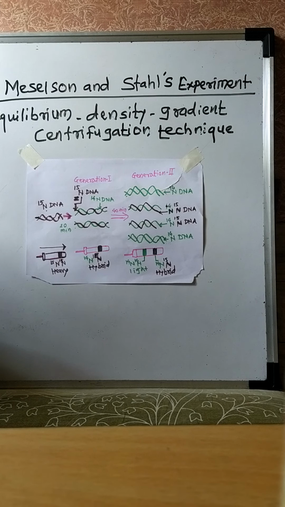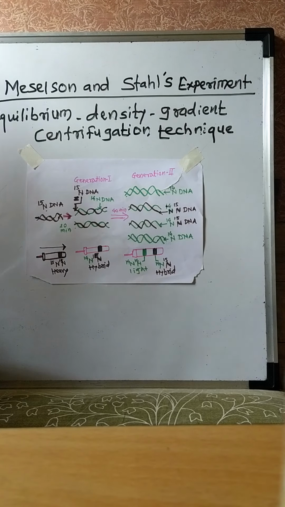Then these E. coli cells were transferred to another culture medium containing a heavy radioactive isotope of nitrogen. Instead of N14, they changed the culture medium and used N15, the heavy radioactive isotope of nitrogen.